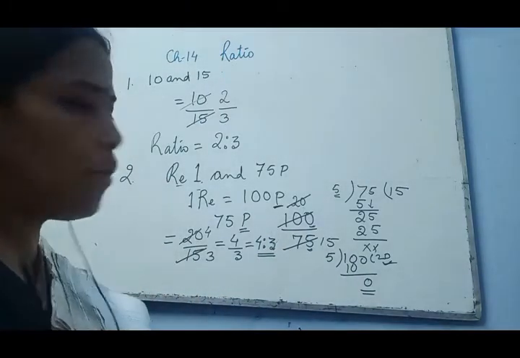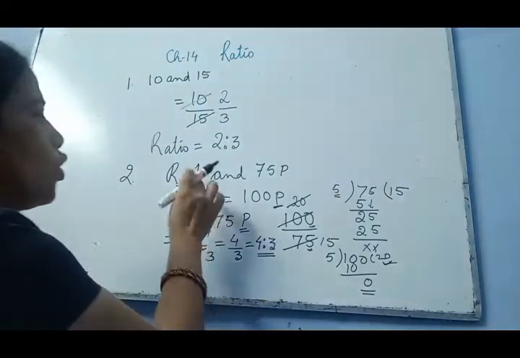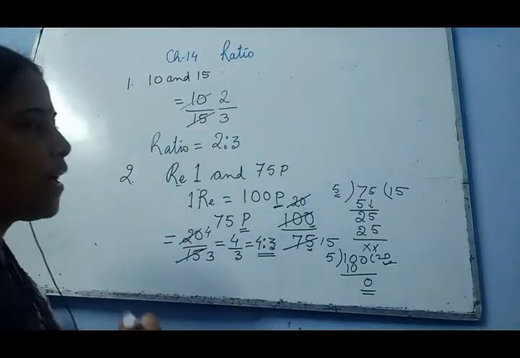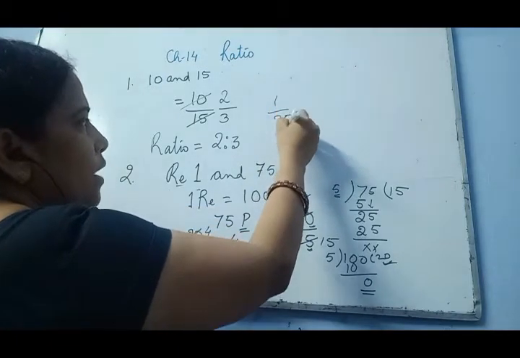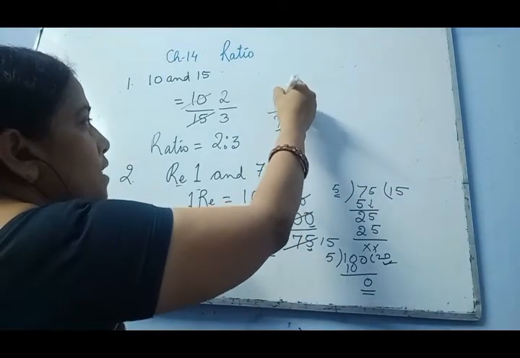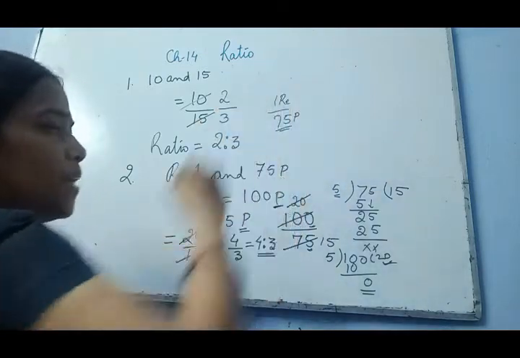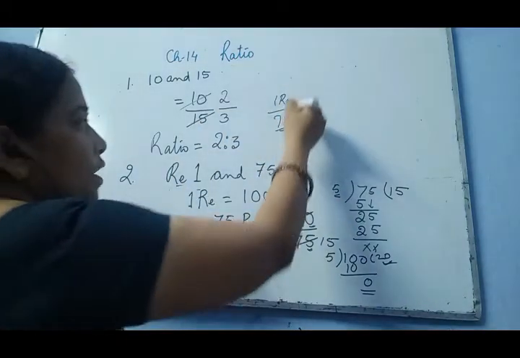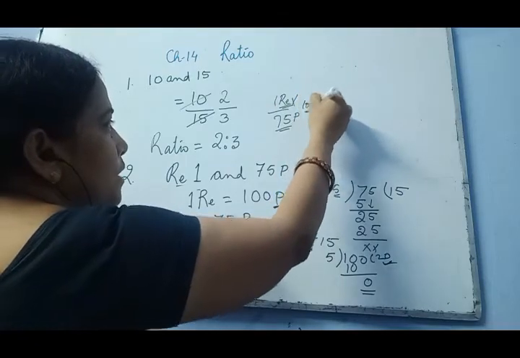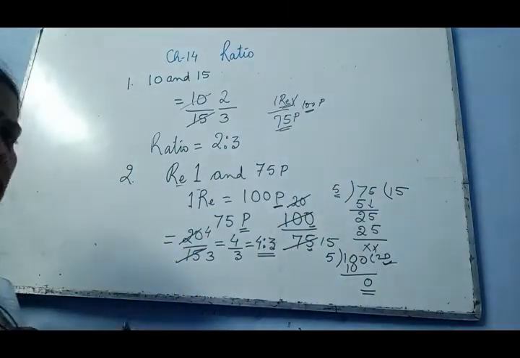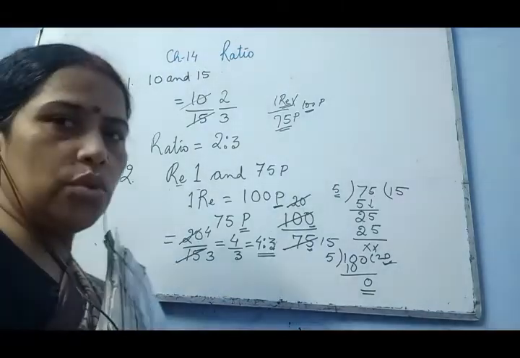So how have we got it? Let us see once more. Rupee 1 and 75 paise. Children, don't write 1 by 75, okay, because 1 is in rupee and the 75 is in paise. So we will not write like this. We will convert this rupee into 100 paise, okay.